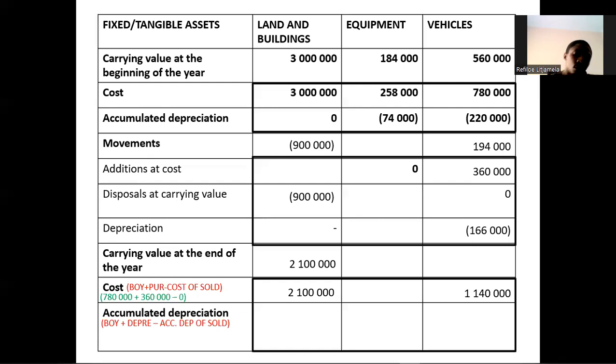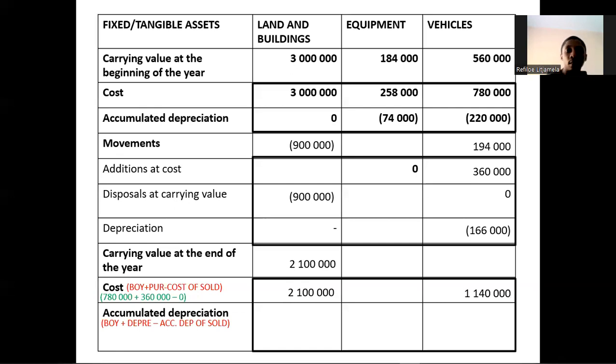Accumulated depreciation at the end of the year. Remember, anything that goes to accumulated depreciation is depreciation. So it will increase by the depreciation amount. I'm going to start with accumulated depreciation at the beginning of the year, added with the current year depreciation, and minus accumulated depreciation of the asset sold.